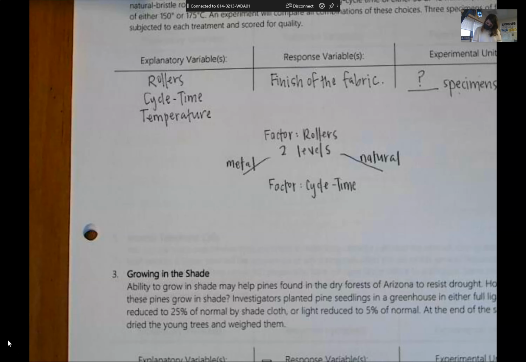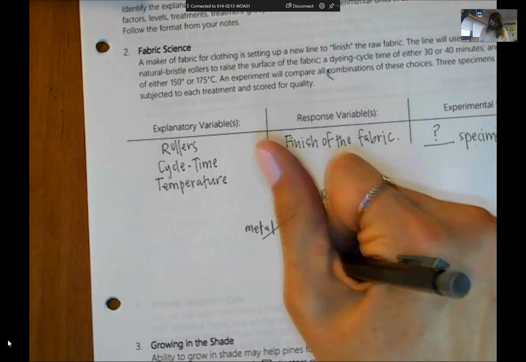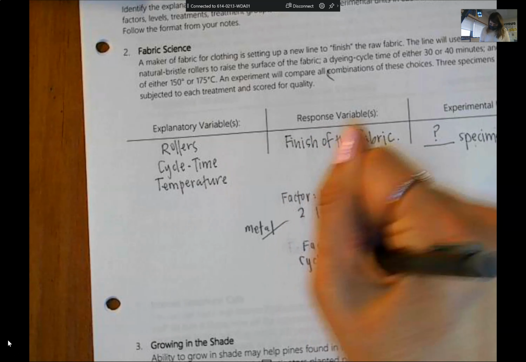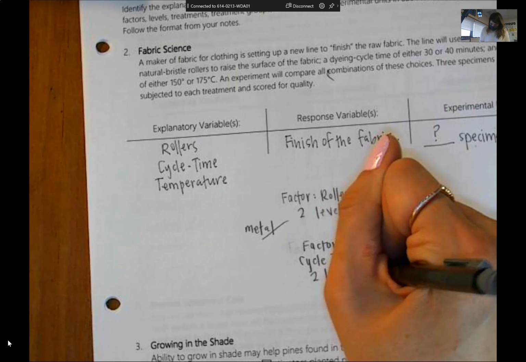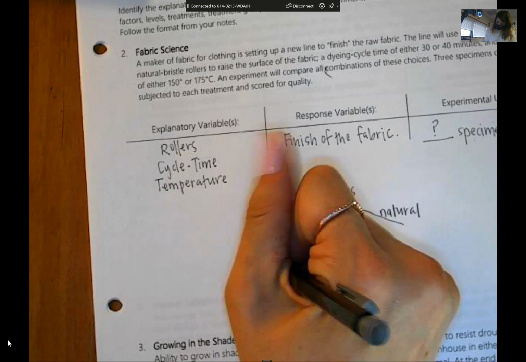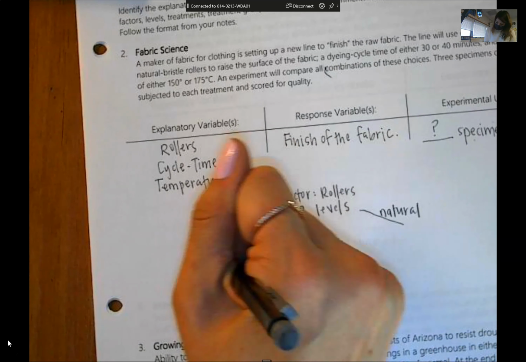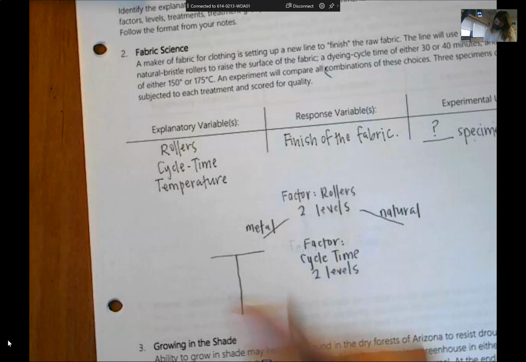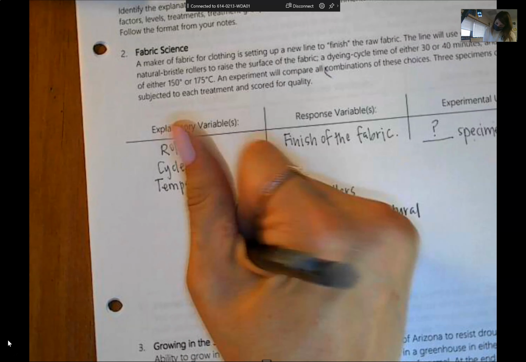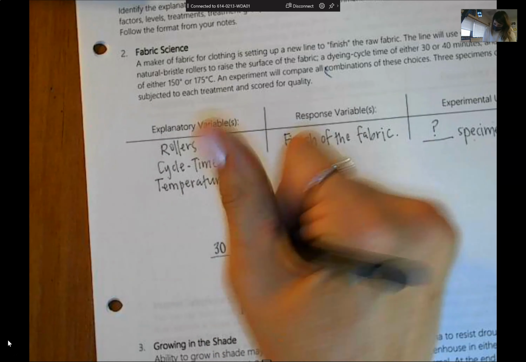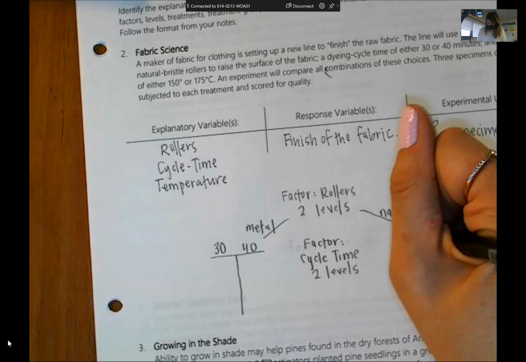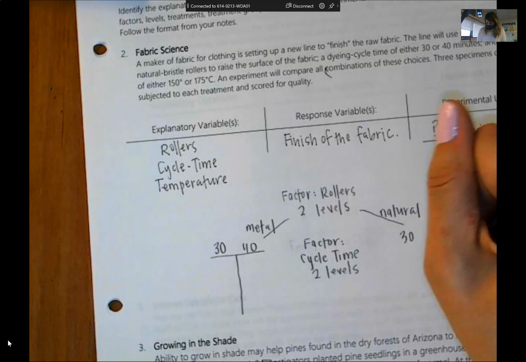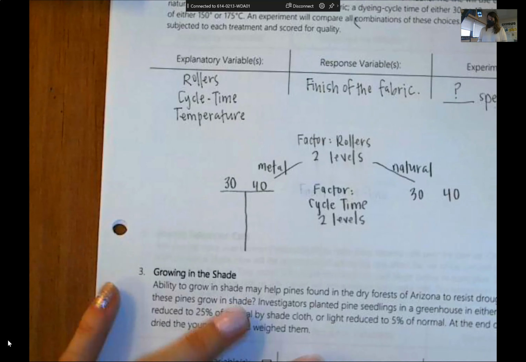Sorry, I'm just adjusting a little bit so I can fit everything in. 2 levels. So I'm going to write those over here. I'm going to start a table. It was 30 minutes or 40 minutes. So over here, I'm going to do the same thing, 30 minutes or 40 minutes.